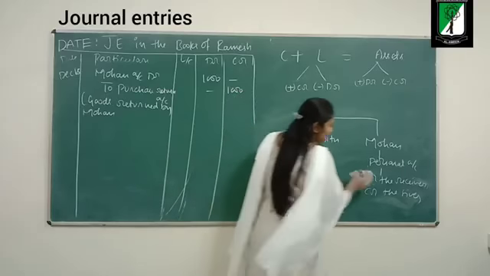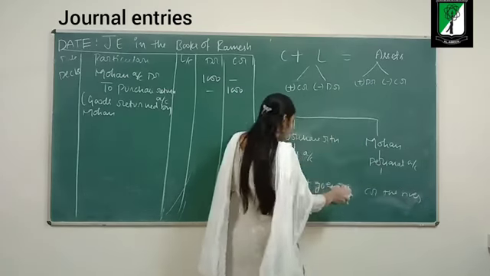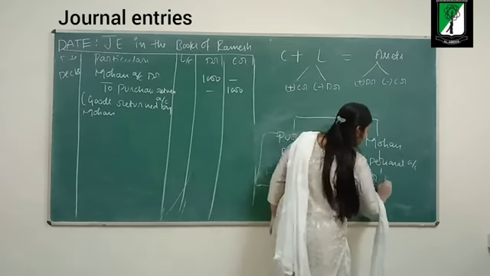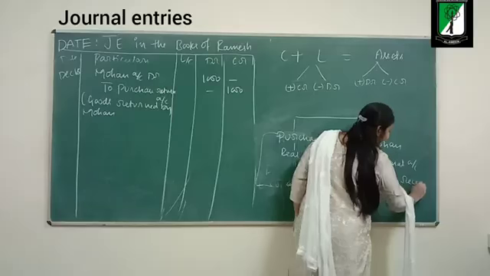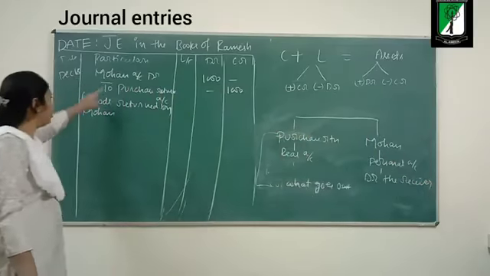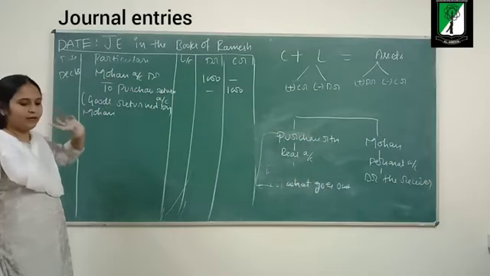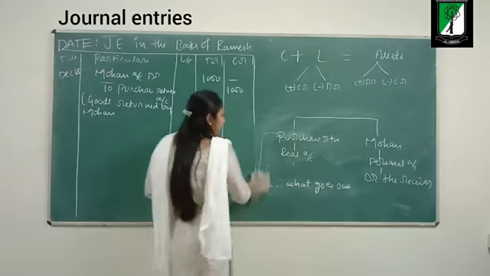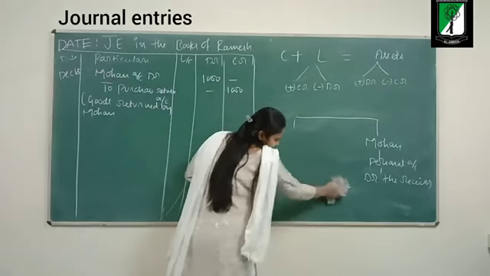Mohan is the receiver of the goods, so I will consider the debit aspect from Mohan. Mohan account debit to purchase return account. Okay, next transaction.